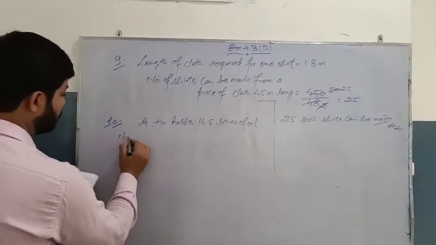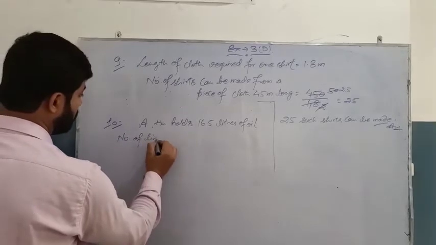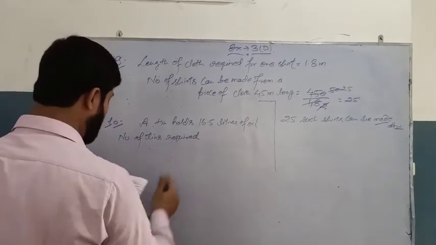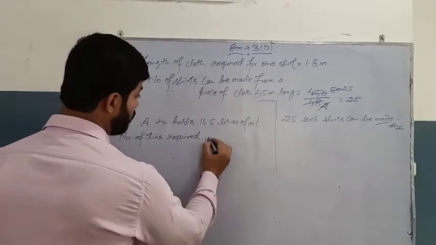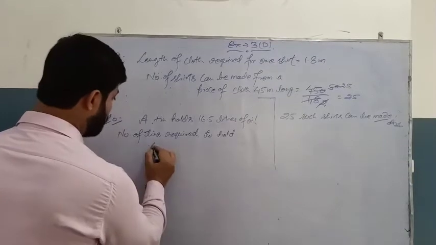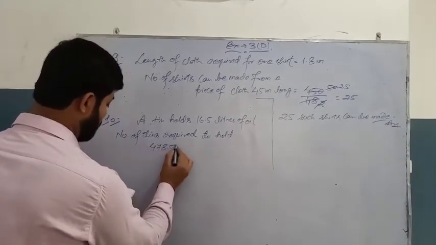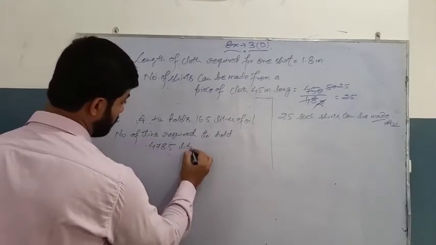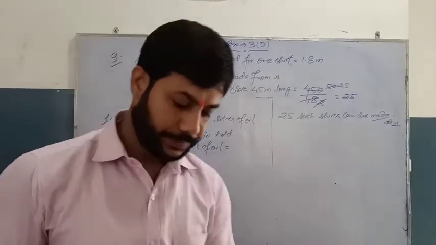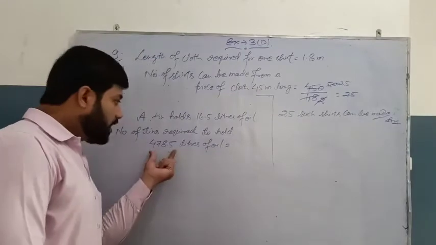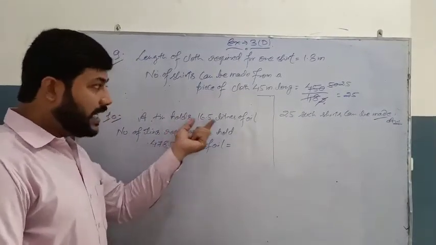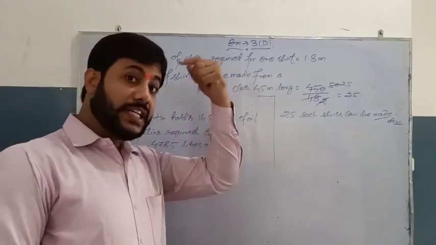So the number of tins required to hold 478.5 liters of oil will be found as follows. This much oil is to be held by a number of tins. We have to find the number of tins.